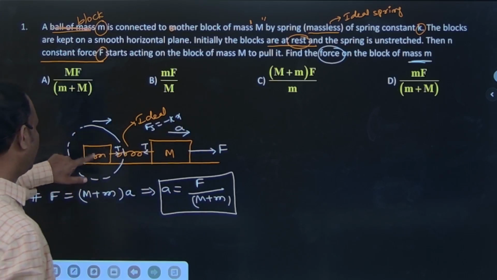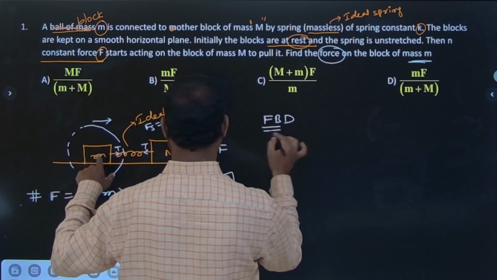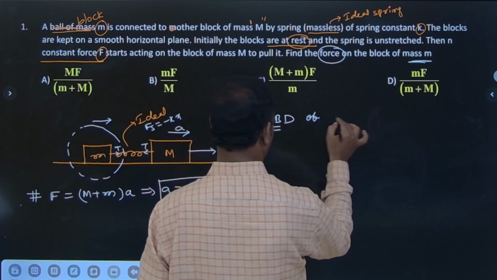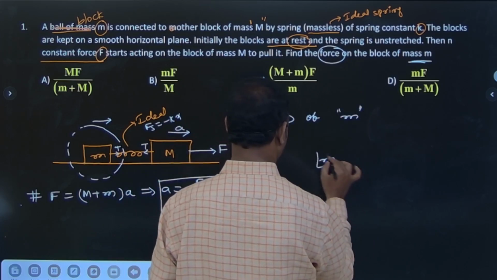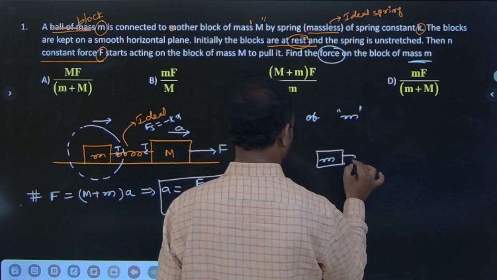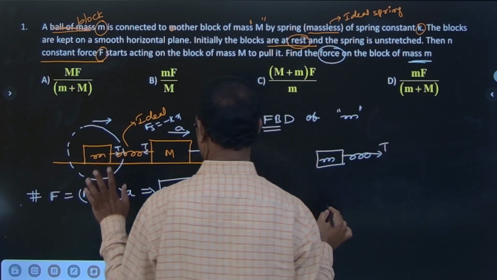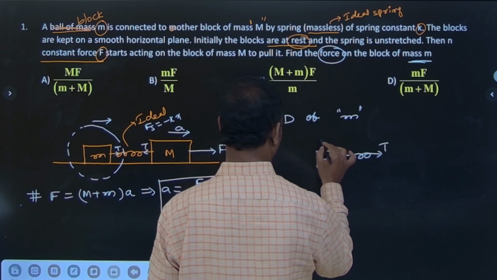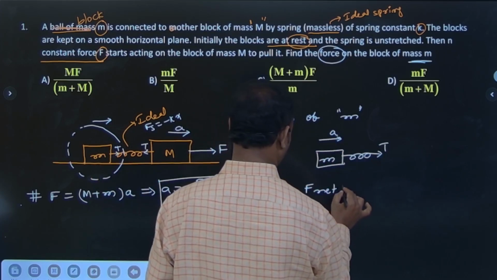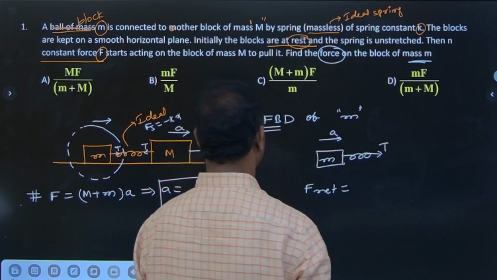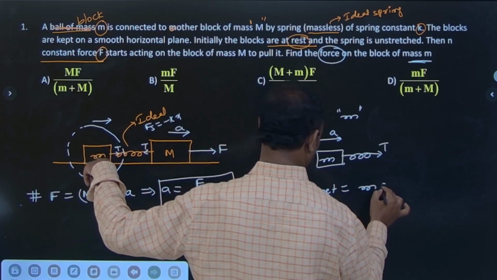Now we need to find, according to the free body diagram FBD of the small mass m, where the tension is T and the acceleration is A. Then F net is equal to m into a.